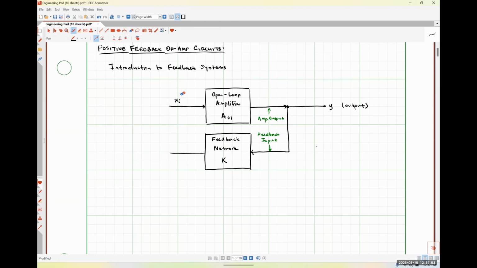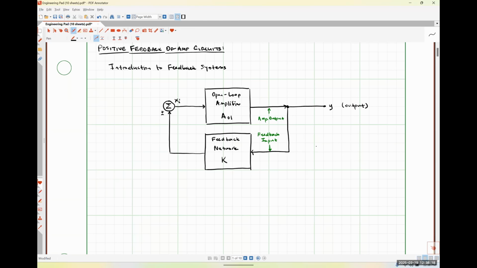The output of our feedback network down here is actually then going to be applied to our input. So I'm going to make a slight modification on the input side here, and I'm going to add a summing block, okay? So essentially, we've got this summer, and I can either be adding that feedback output signal or I can be subtracting it.